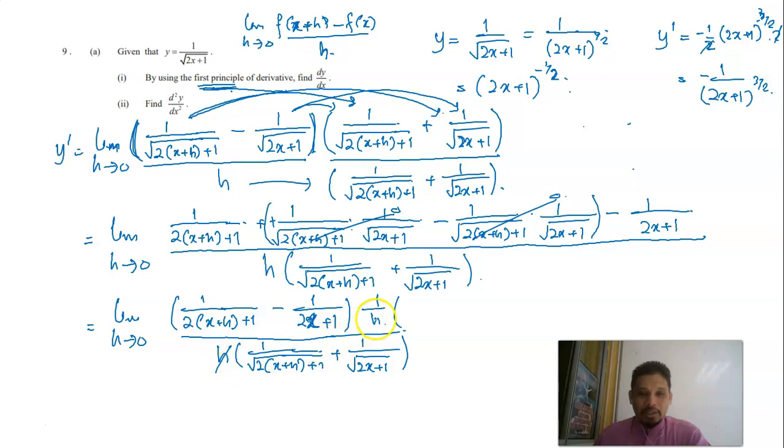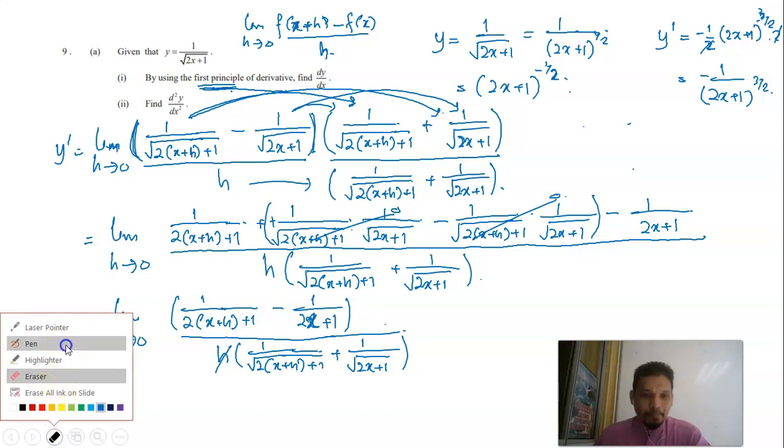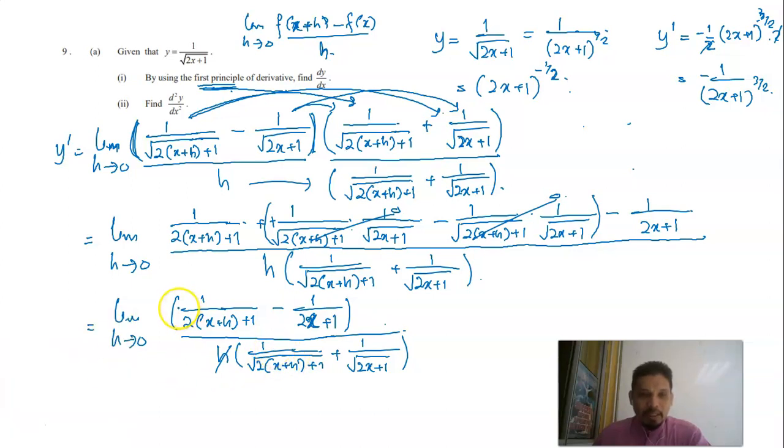Okay, so I changed my plan here. Let's say I simplify this one minus this, and simplify between this and this. So I'm going to get limit h approaching 0. Multiply between these two: 2 times square root of x plus h plus 1 multiplied with 2x plus 1.